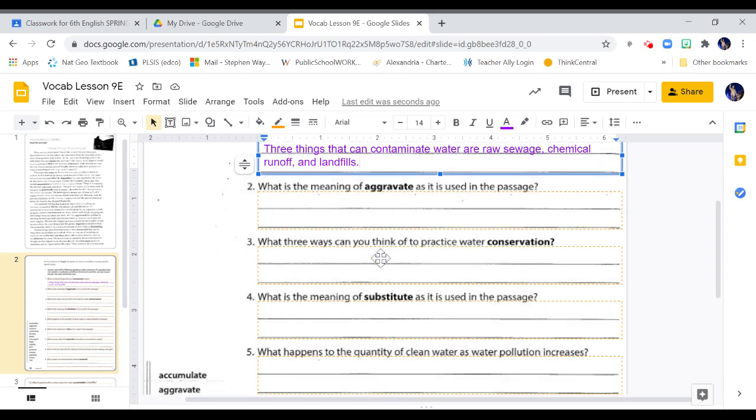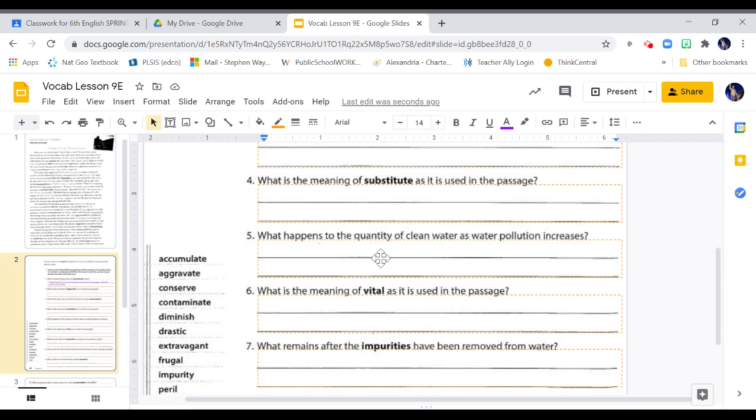I'm going to skip down now to number 5, because this asks what happens to the quantity or how much of clean water as pollution increases. So this one does not have a vocabulary word in the question, so I have to find a vocabulary word that would fit in here and use that in the sentence that I write.